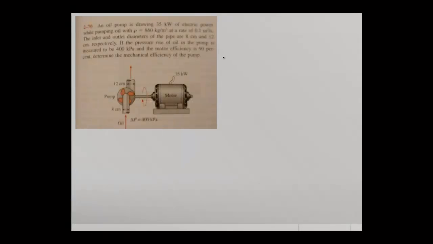Hello guys, this is the last problem we are solving. We have an oil pump that is moved by an electric motor that draws 35 kilowatts of power, and is pumping oil with a certain density.